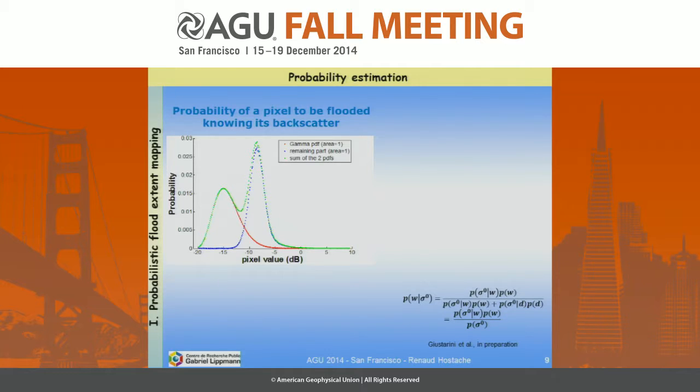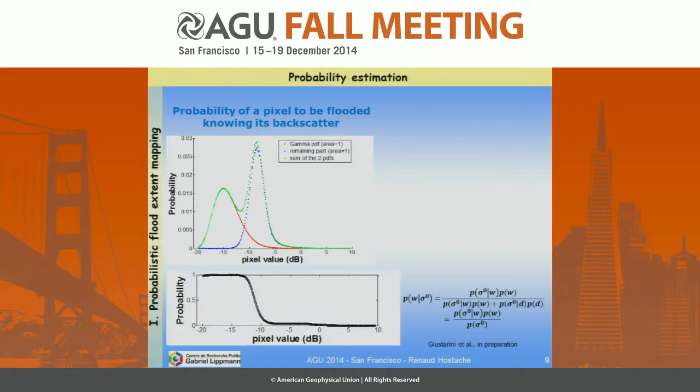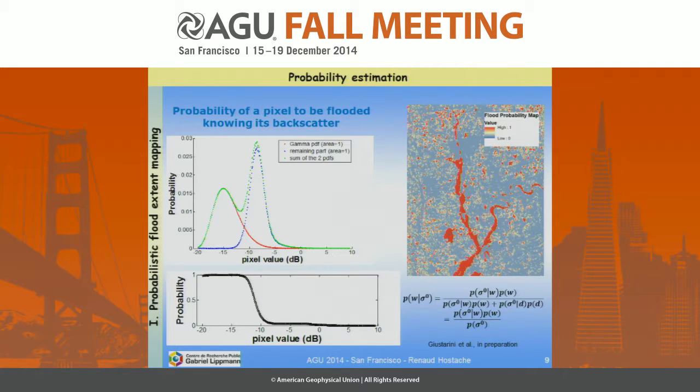From this point, using the Bayes theorem, we can deduce the probability for any pixel to be flooded, knowing its backscatter value, that is presented here. So 1 means certainly flooded and 0 no flood at all. Here you can see an example, the result of the technique that we call the flood probability map.